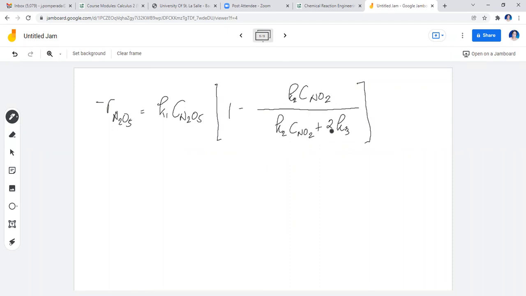Because if this is 0, then you are multiplying only the first term by 1. So then the scheme that is given is acceptable. So it's really that of a first order decomposition of dinitrogen pentoxide. So what do you think is a plausible assumption, acceptable assumption that we can make out of our reaction mechanism?